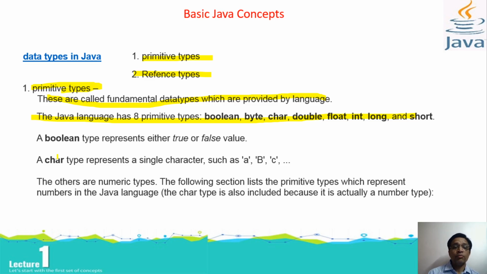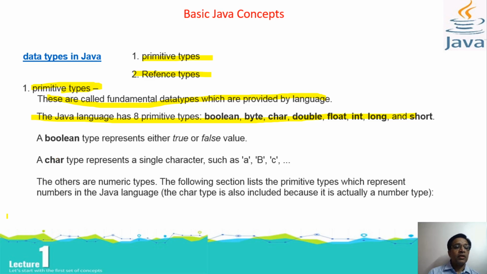So by the data type itself, we come to know what kind of operations we can perform on the data. So, as I repeat, data types are the means to identify the type of data, and we come to know what types of associated operations we can perform on the data, right?